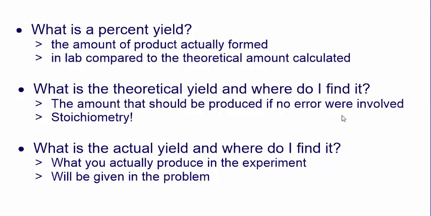And we get that from stoichiometry. That's the amount that we are calculating mathematically. So the actual yield is what you produce in the experiment. Now, because we can't just get up and go over to the lab and do an experiment, you have to be given this information in the problem. So you'll either be given the actual yield, or sometimes you might be given a percent and asked to find that. So the theoretical yield is what you calculate from stoichiometry. The actual yield will be in the problem.